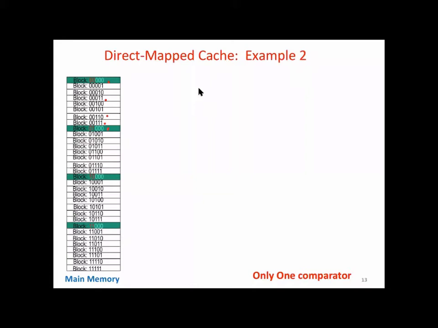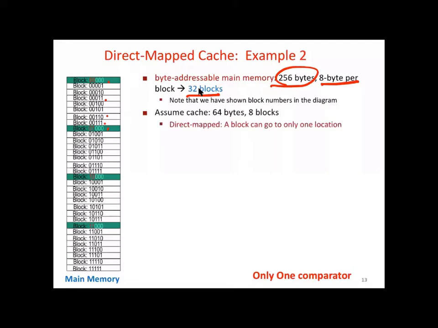The one we have shown in green, we use to differentiate that this green will be mapped to the first block. Each block is 8 bytes. So there are 32 blocks, each block is 8 bytes, and the total number of bytes is 256.